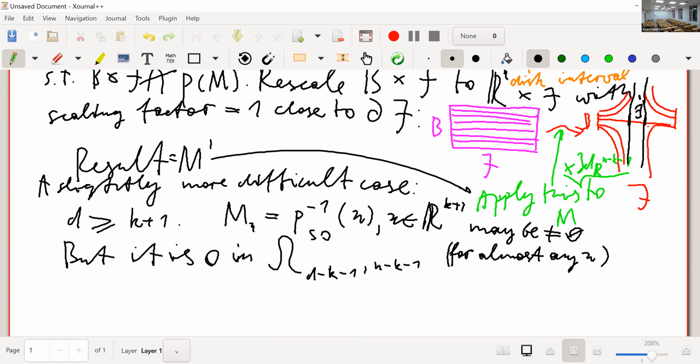Does everyone agree? Well, we project to R^{k+1}, and then we take the preimage. The dimension of the preimage is the dimension of the manifold we had, which is d, minus the dimension of the target.